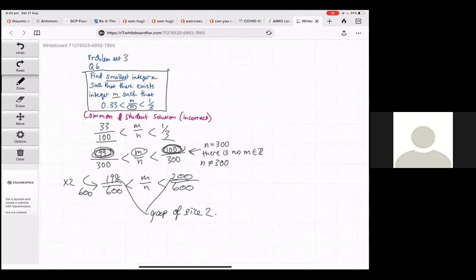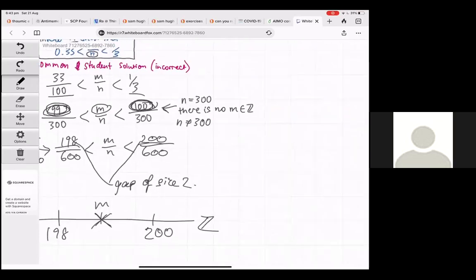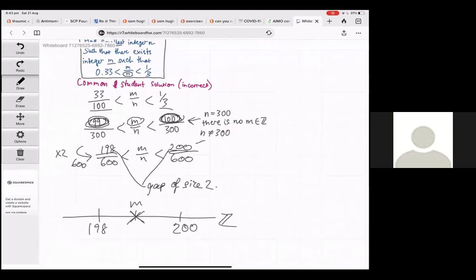So, of course, if you've got integers on the number line, then 198 and 200 is promising, because then you can just select m to be this value here, right? Okay, so what happened here was, if n was equal to 600, then we know that m can equal 199, because that's between 198 and 200.